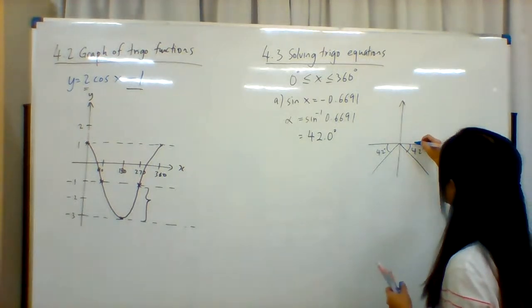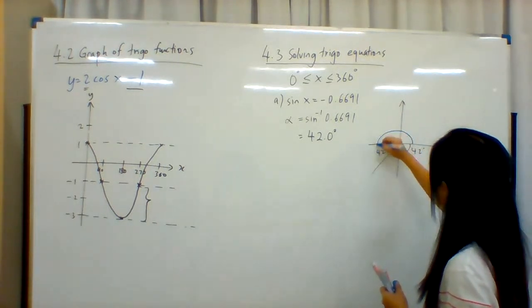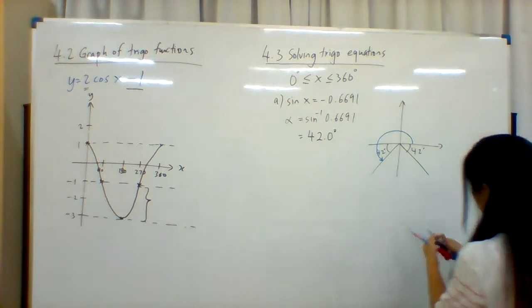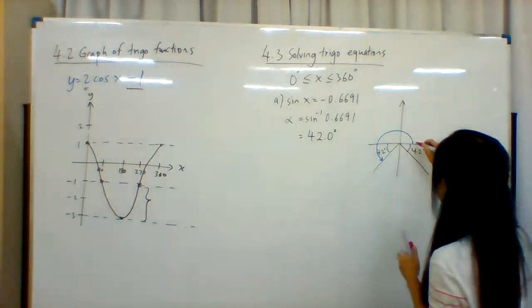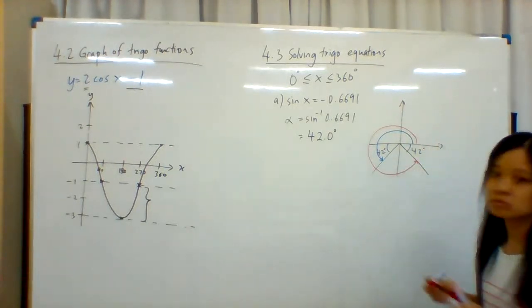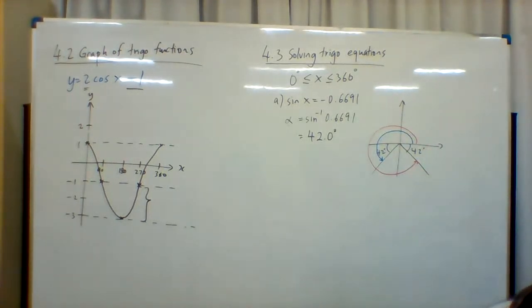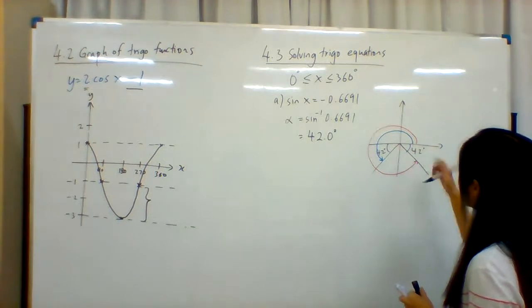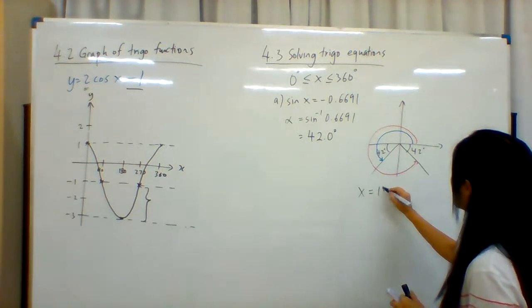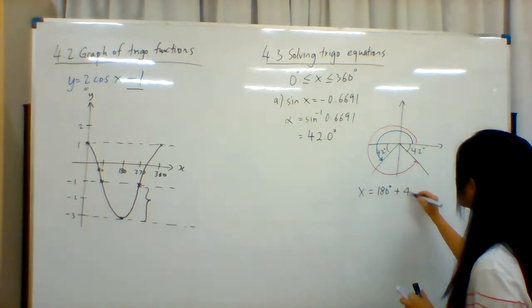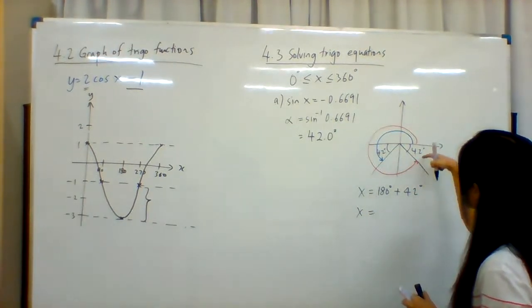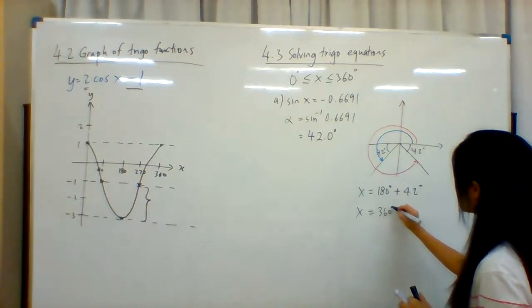Start from your x-axis in the first quadrant all the way until here, or the other one from the start until the other point, which is here. So you get 222 or 318, because for this part you take x equals 180 plus your 42, and here you take 360 minus your 42.